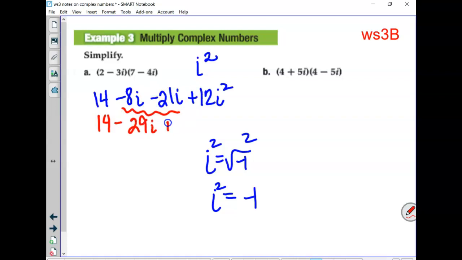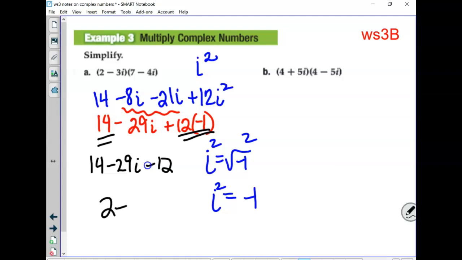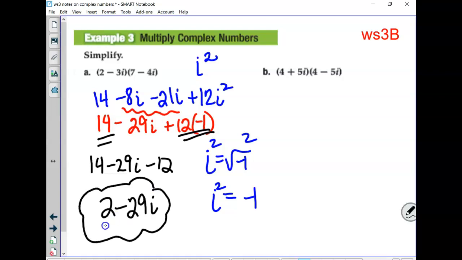And back here, this is going to be a plus 12, but the I squared gets replaced as a -1. So then what? Yeah, that's -12. And this 14 up here can combine and become what? Just 2 minus 29I. All right, so this is a complex number where the real part is 2 and the imaginary part is -29I.